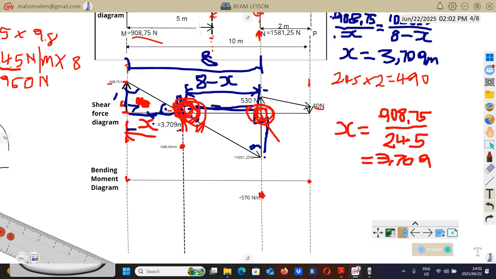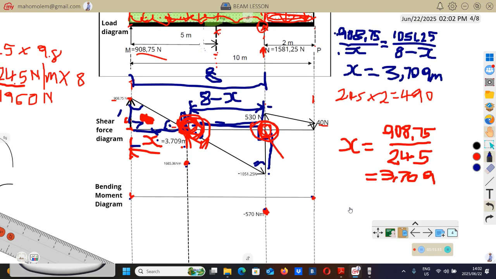Right, from there, what is remaining now, we just have to join these points. We're going to join this point here and this one, join this one and this one, join this one and this one.